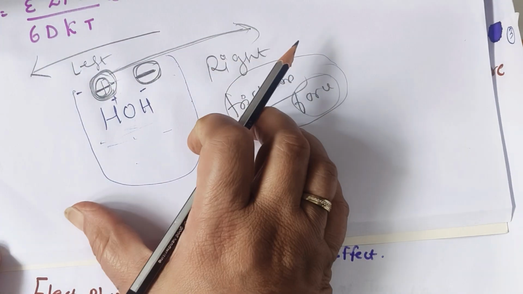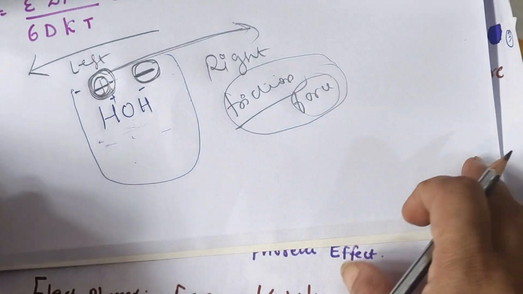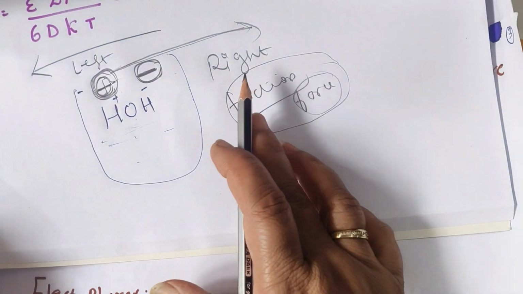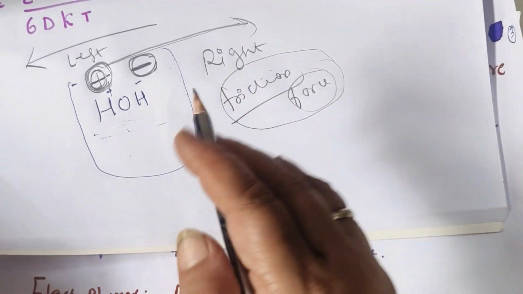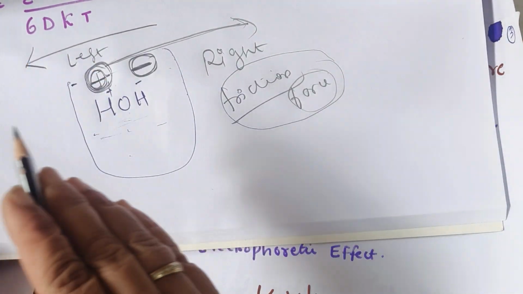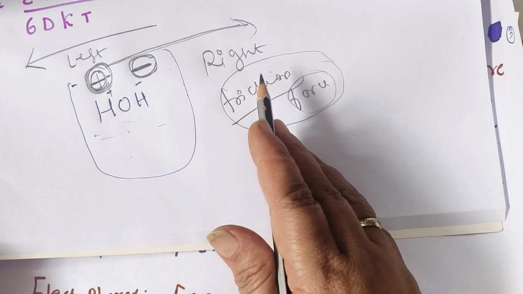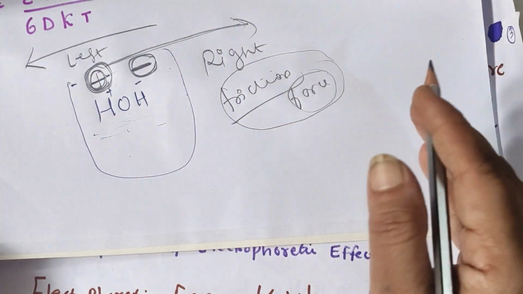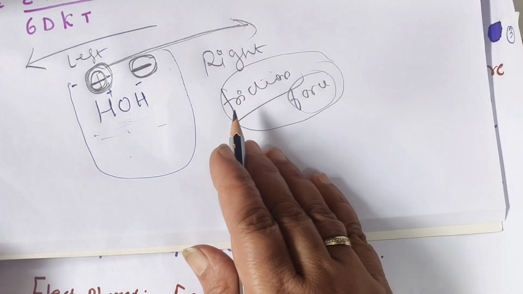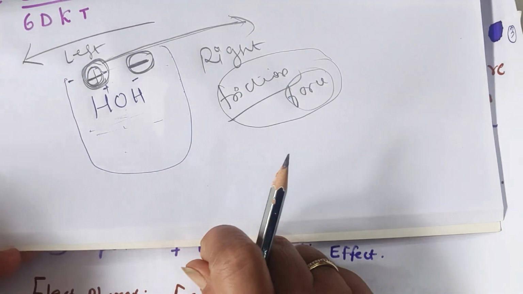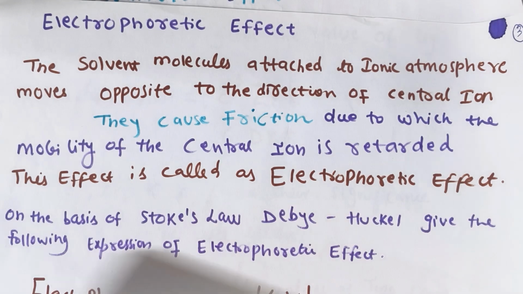So what is the electrophoretic effect? It means our ions are opposing the movement of the solvent. If the solvent is moving in one direction, the ions of the electrolyte oppose that movement, and a frictional force acts, and because of that we have to calculate the electrophoretic effect.